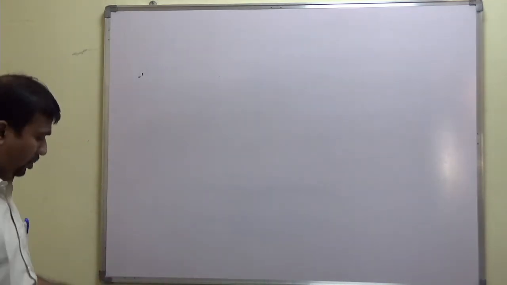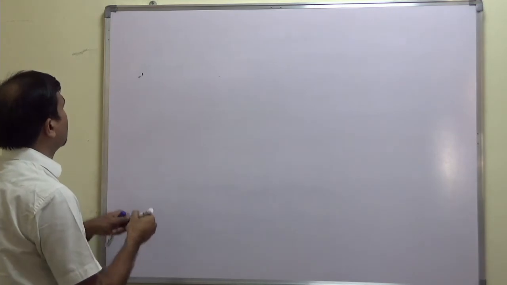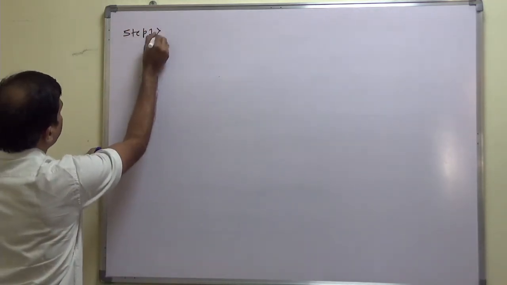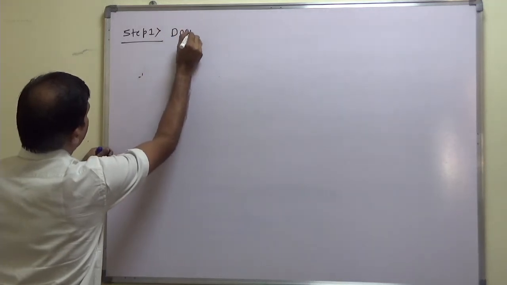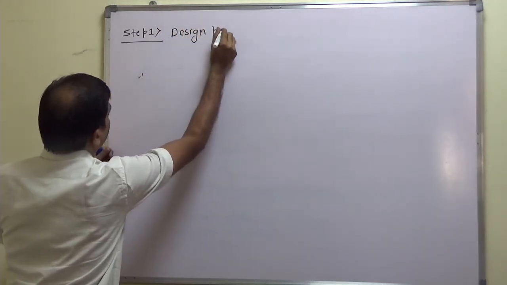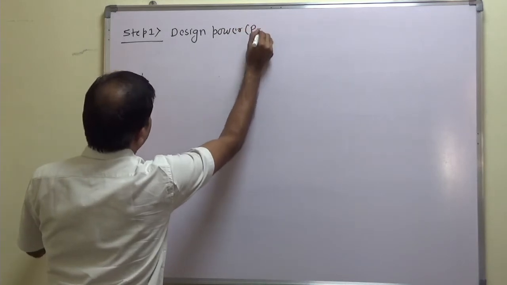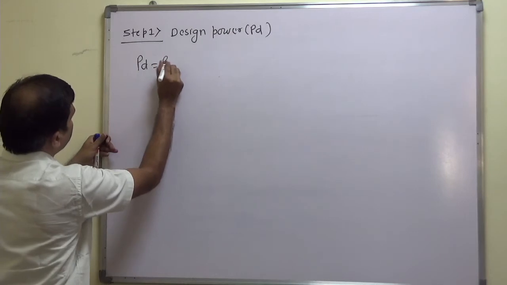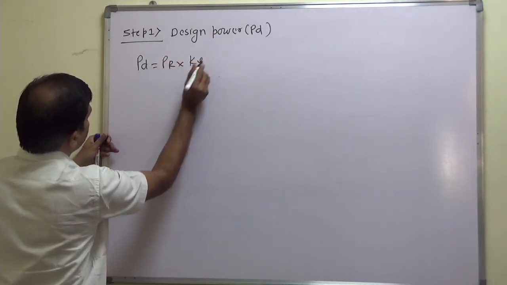Step number one. Step number one will be what? To calculate design power, that is PD. Okay. PD is equal to rated power PR into load factor KL.